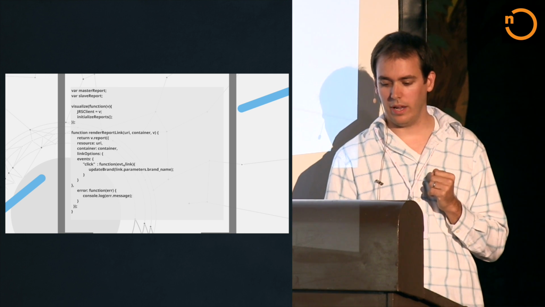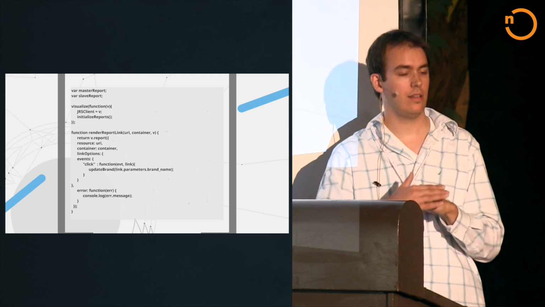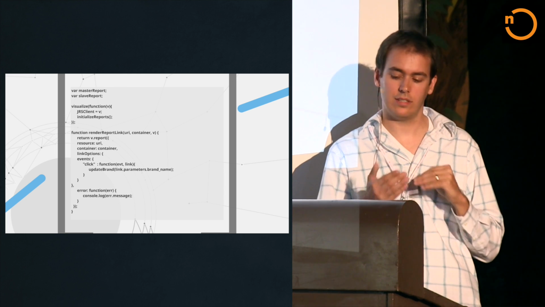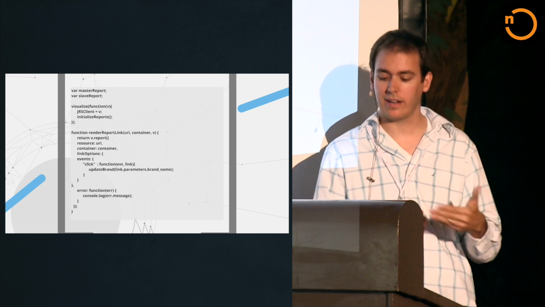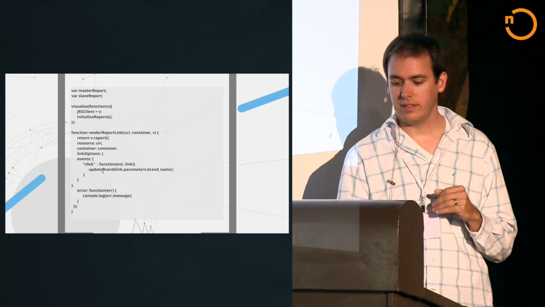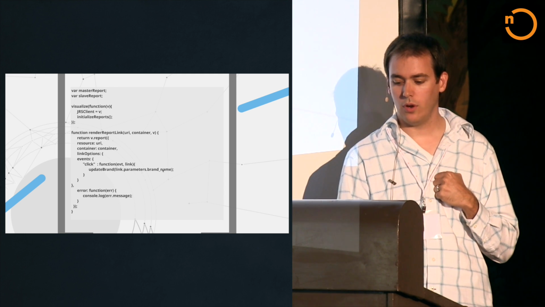But this is what happens: that brand is updated. So this is the product. It would be the master, and the master would be the brand, and the products would be the slave report.